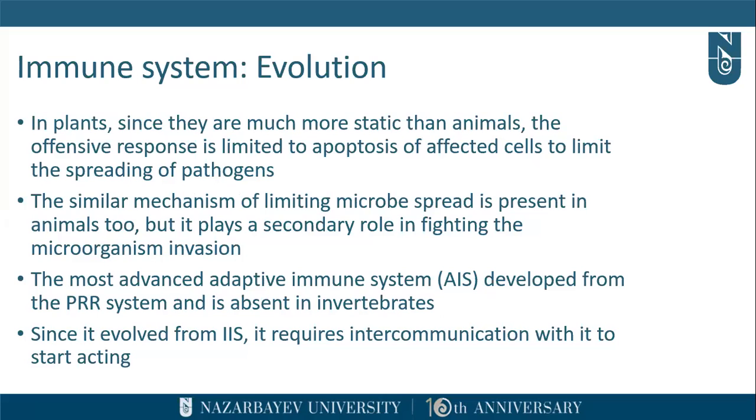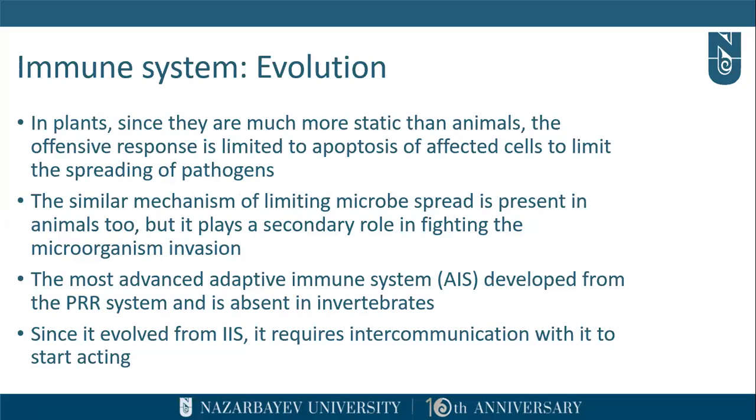What is also important is that plants are not dynamic, they're always standing in one place, and we call them static. What they have evolved to protect themselves, especially from pathogens always coming with the wind and from the soil, is a response limited to apoptosis, which is the killing of the cell.